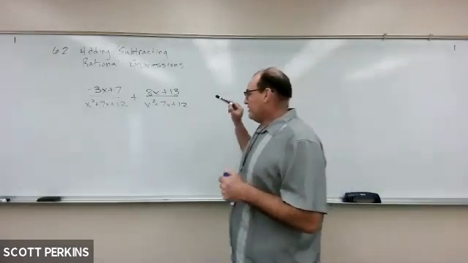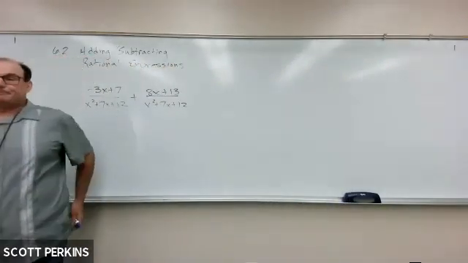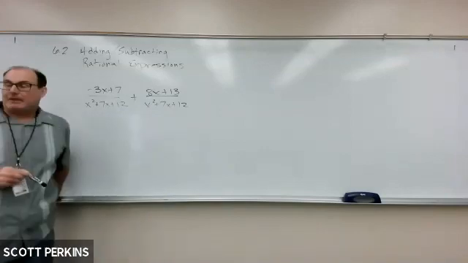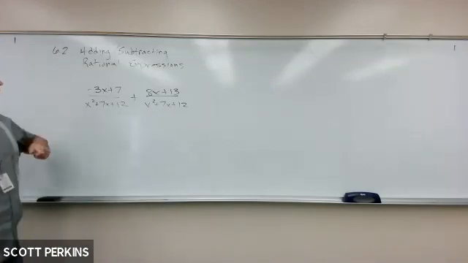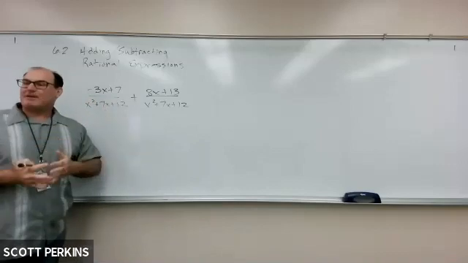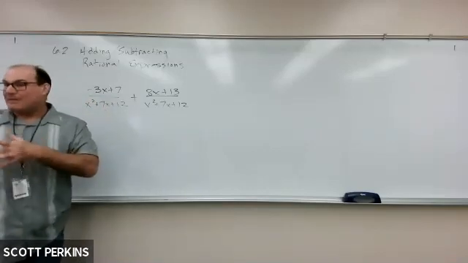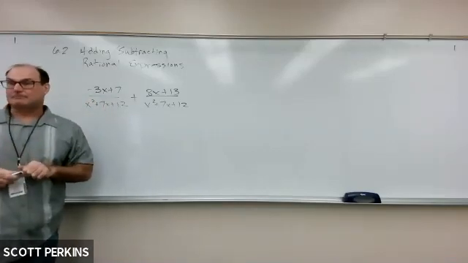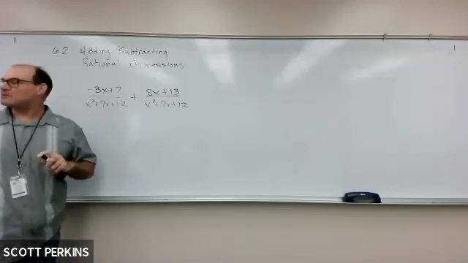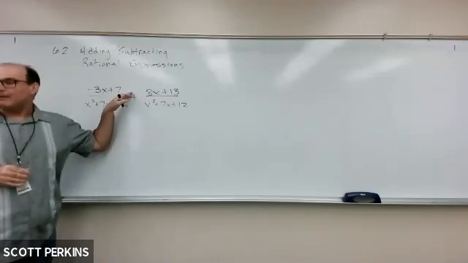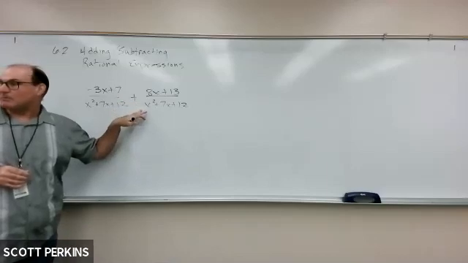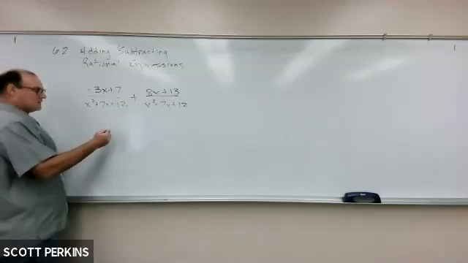Okay, so these two already have a common denominator. So remind me, and again, this is where we left off last time, what's my process with my fractions when they have the common denominator? Add straight across on the top, and then we leave the bottom alone. So I'm going to add straight across.